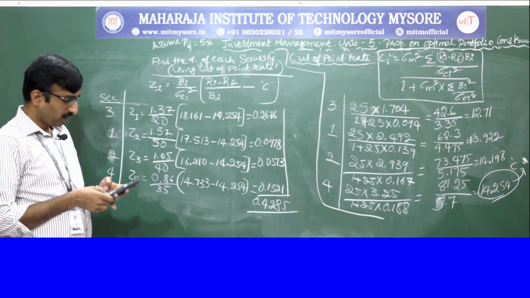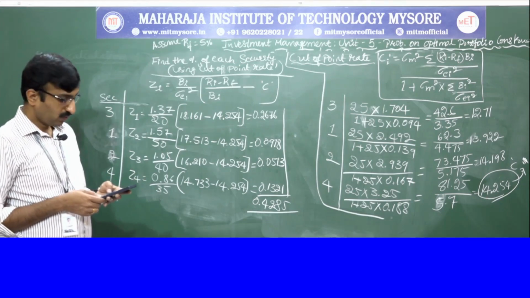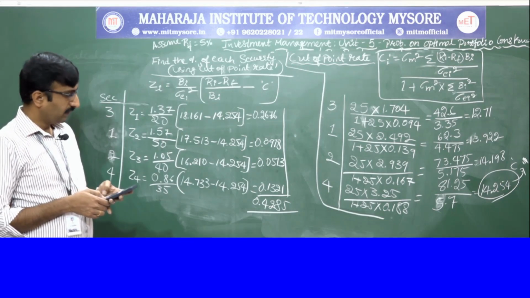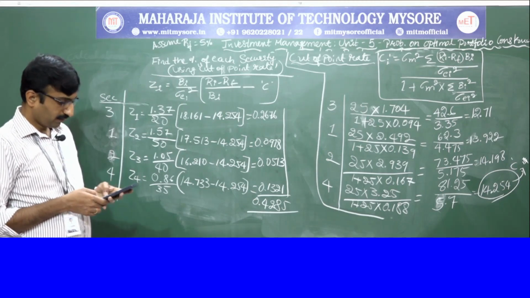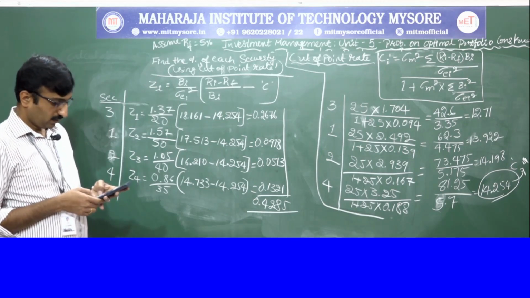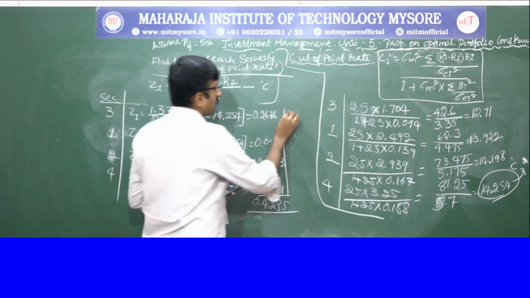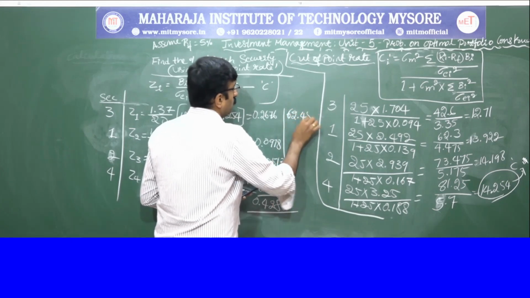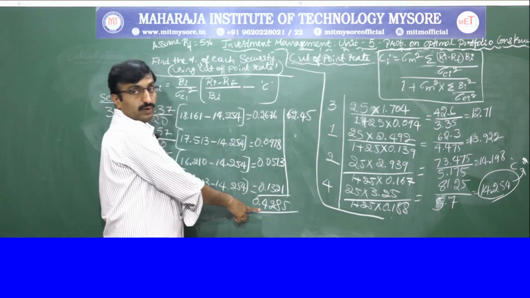Then you go for the individual percentage. 0.2676 divided by 0.4285, into 100, you will get 62.45. This one divided by this one, all into 100.